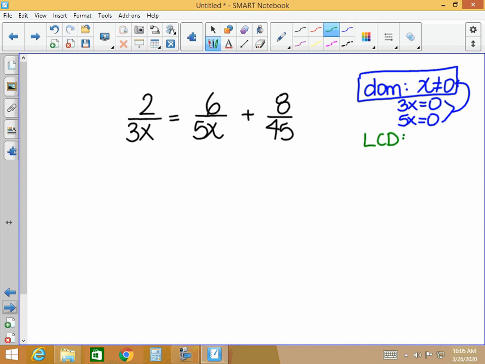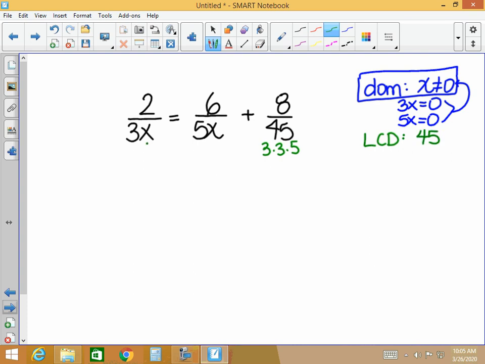For my lowest common denominator, if I want to break down the 45 and go through the pieces like we did in the last section, we can. If we want to just go through the way that maybe we've always done it with numbers before I started messing with things earlier in the chapter, that's fine too. But 3 and 5 and 45, the lowest common denominator there is 45.